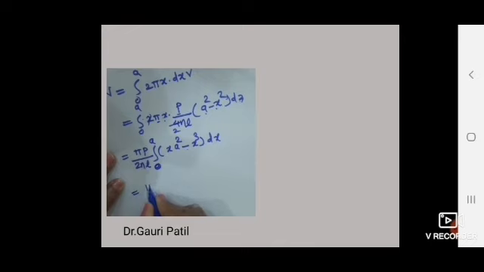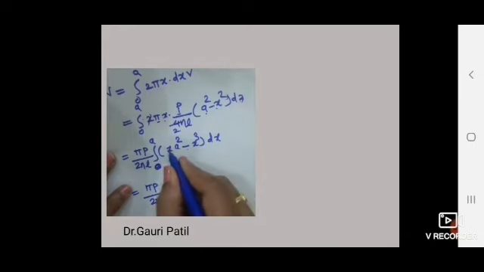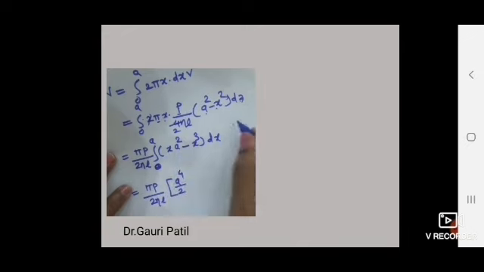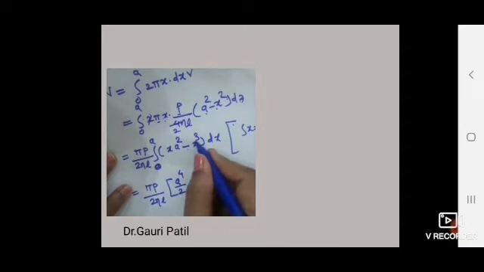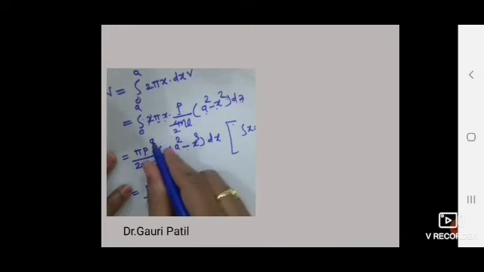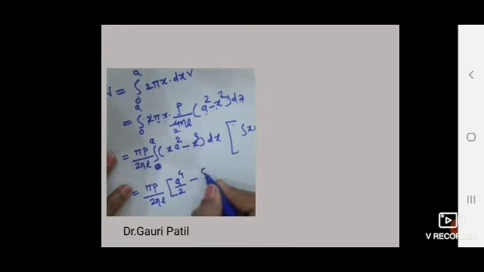So we get pi p upon 2 eta l into a raised to 4 upon 2, because the integration of x is x square by 2, and putting a we get a raised to 2, minus the integration of x cube, which is x raised to 4 upon 4, giving a raised to 4 upon 4.